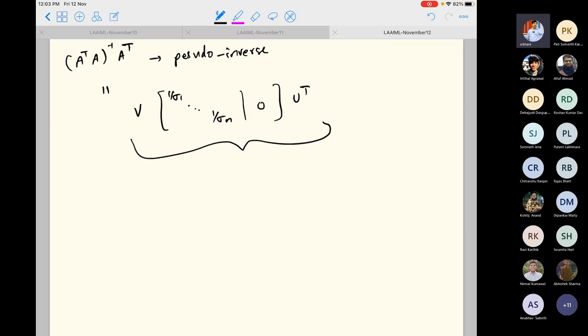You will not compute SVD. You will compute these pseudo inverses in an iterative way. That is important. It's just a comment in passing. Possibly you will use software where inherently they do all these things, and you may not need to know, but this is just a comment that I wanted to make.